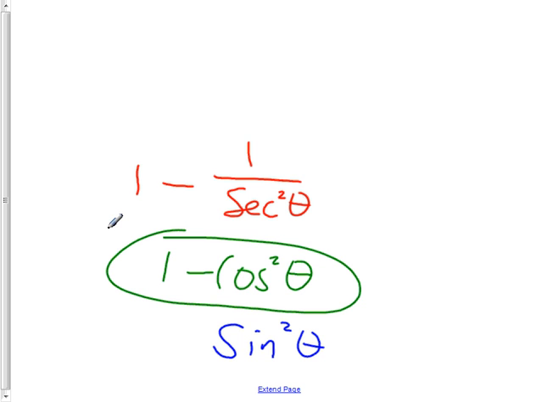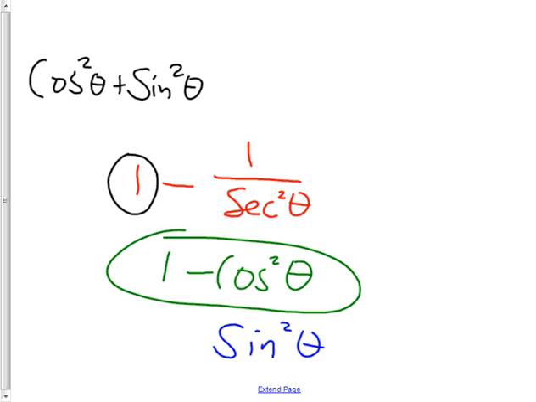All right, so now we can make an even trickier question by going above the red one, and I'll do it in black, and say instead of 1, what could I put on your sheet that could be put in instead of 1? Cosine squared plus sine squared, because that's equal to 1. And then I put minus 1 over secant squared theta.